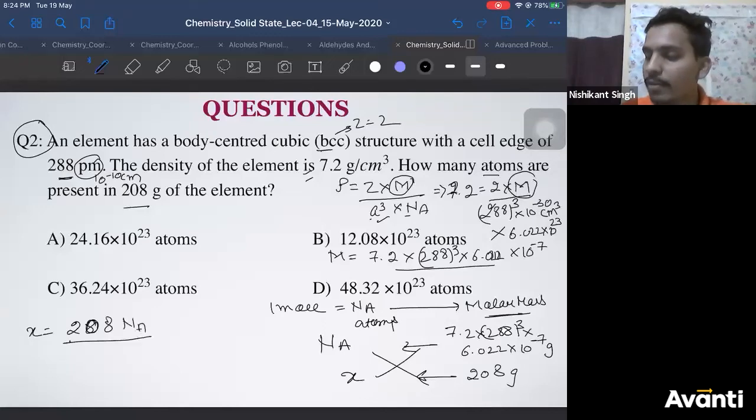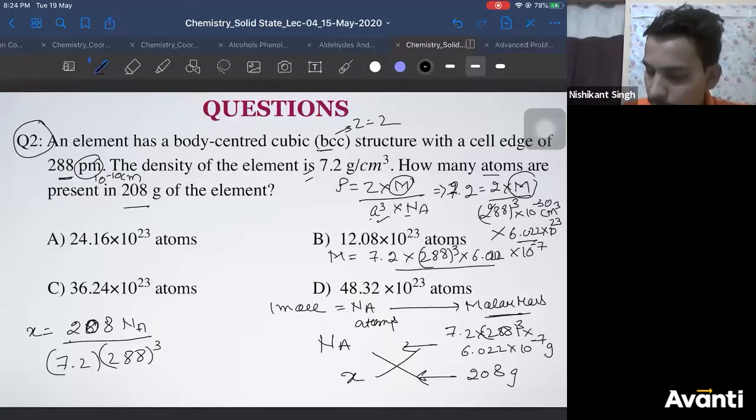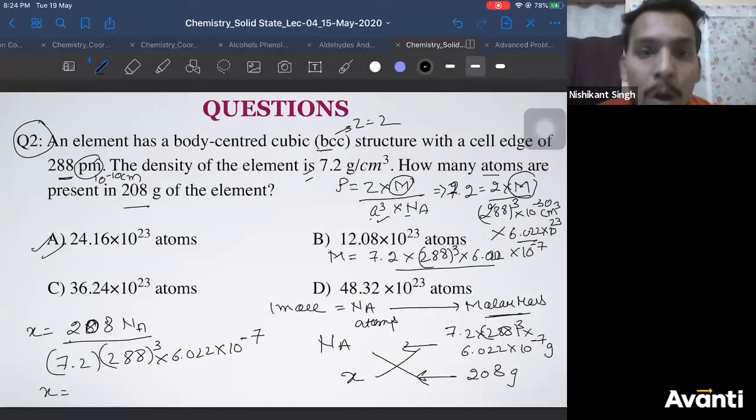Actually, if you would not have substituted the value of Na here, it will get cancelled. So 208 Na divided by 7.2 into 288 whole cube into 6.022 into 10 power minus 7. You can simplify this value. It will come out to be option A.